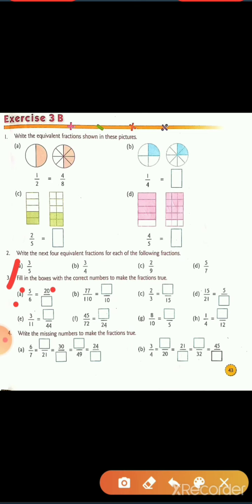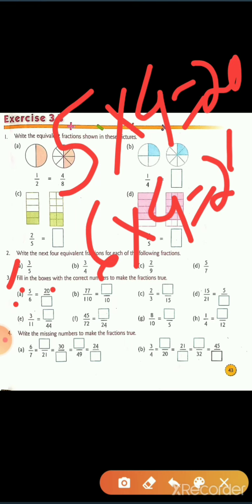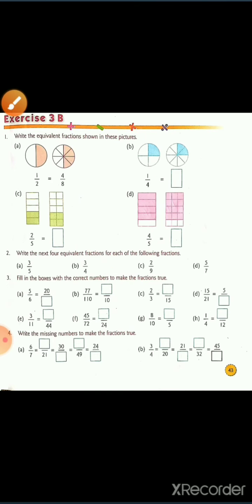How will we convert 5 into 20? By multiplying by 4, because 5 into 4 is equal to 20. If we multiply the numerator by 4, then we have to multiply the denominator by the same number also. So 6 into 4 is equal to 24. So here 24.